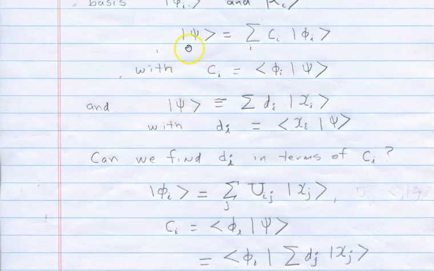These expansions hold in general, so any one of the phi's is certainly in this class of general states. I could certainly do an expansion of it in terms of the chi_i's.